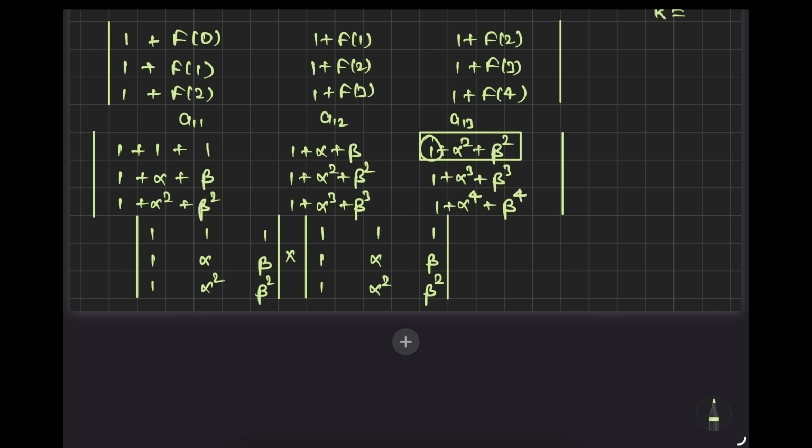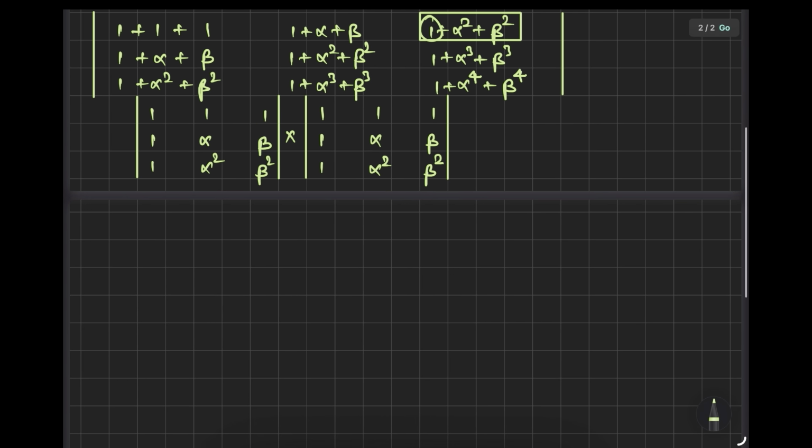Now, if you observe, you are getting 1, a, a square, 1, b, b square, 1, c, c square, and both determinants are the same thing. So it's a square only, right? And you know that 1, a, a square, 1, b, b square, 1, c, c square opens with a minus b, b minus c, and c minus a, whole square, whole square, whole square.